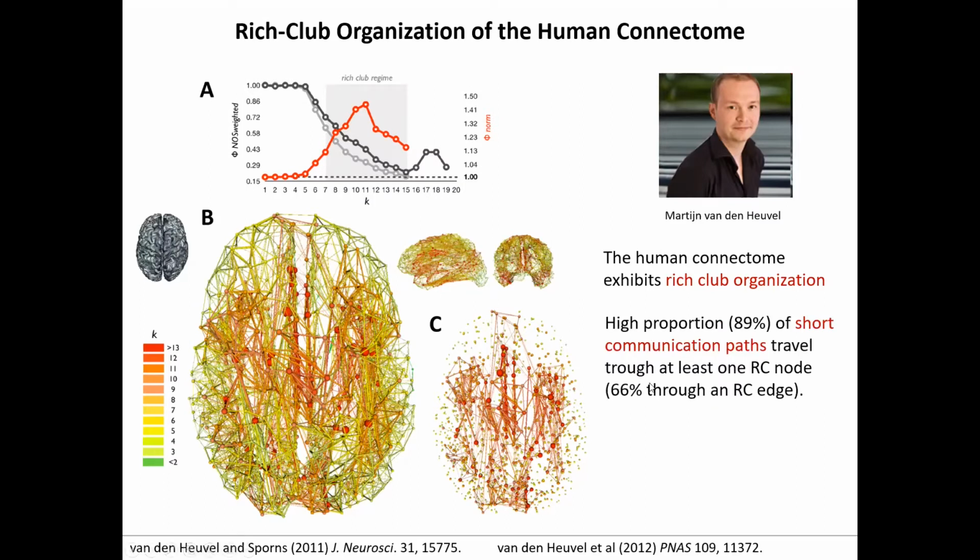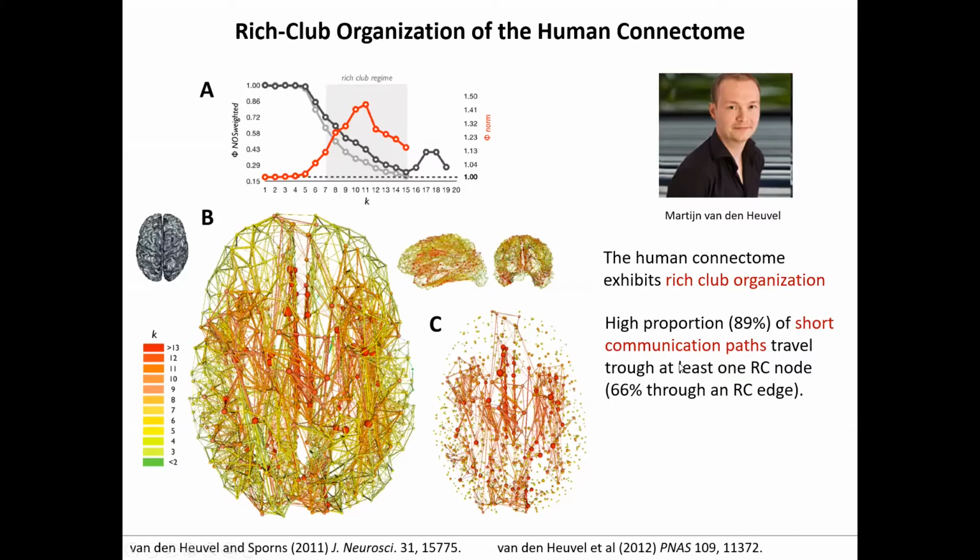A couple of predictions come from this arrangement. If we want to travel from any node to any other node in the human brain network, a perhaps surprisingly high proportion of communication paths need to travel through that rich club network subgraph. Two thirds have to travel through a rich club edge. Almost all of them have to access the rich club somewhere, and that's an analogy to the transportation network, really, the highway system that really every country has.